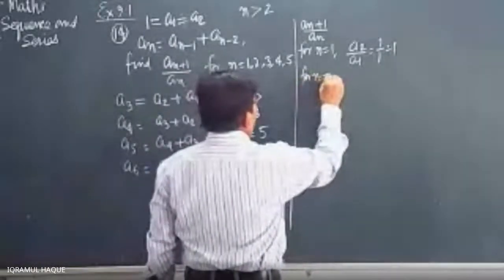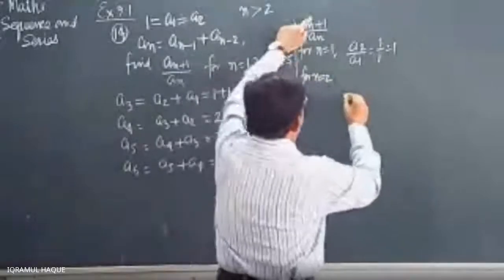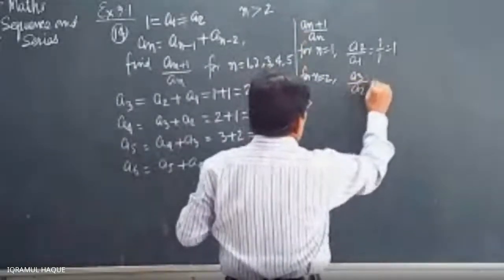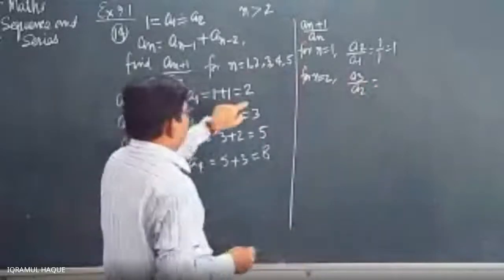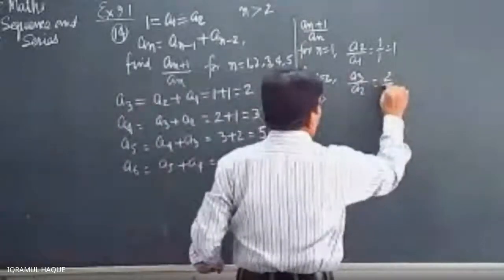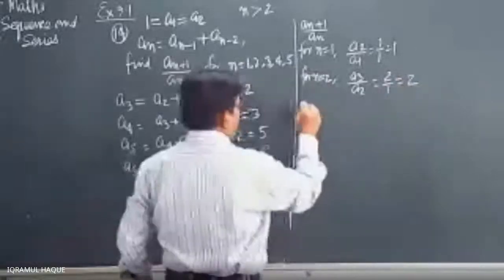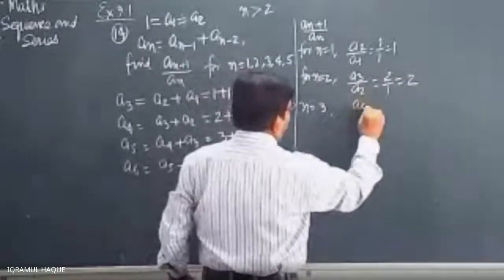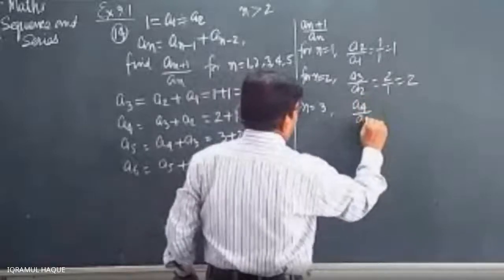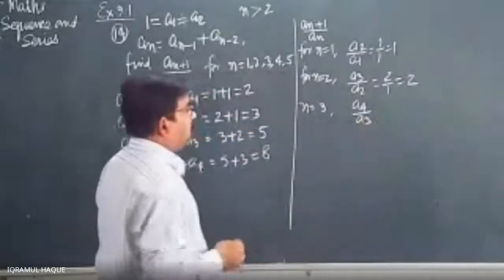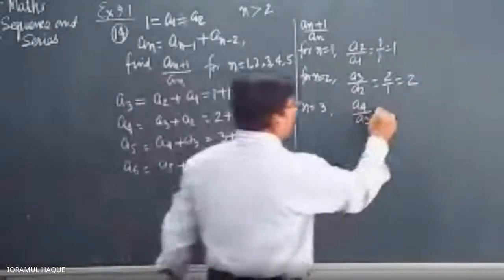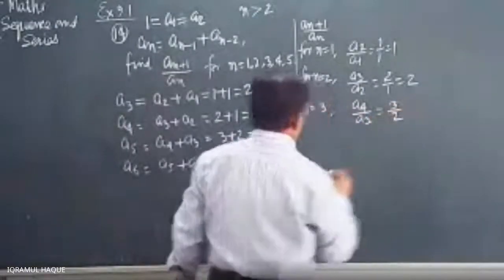For n is equal to 2, this becomes A3 upon A2, and A3 we have got 2. 2 upon 1 is equal to 2. For n is equal to 3, this becomes A4 upon A3, which is 3 upon 2.